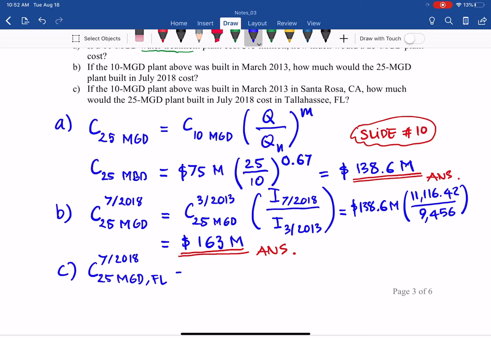It has to be the same as if that 25 million gallon per day project were built in Santa Rosa, California, in July 2018, and of course we have to multiply by the location index of Tallahassee, where the new facility is going to be built, and divide by the location index for Santa Rosa.